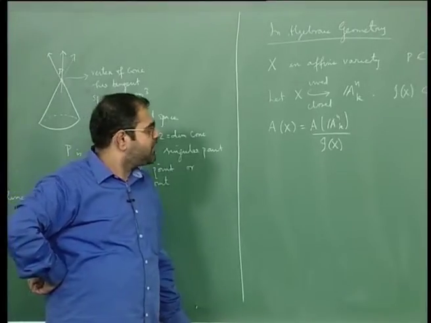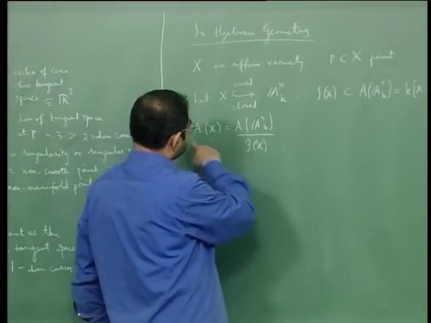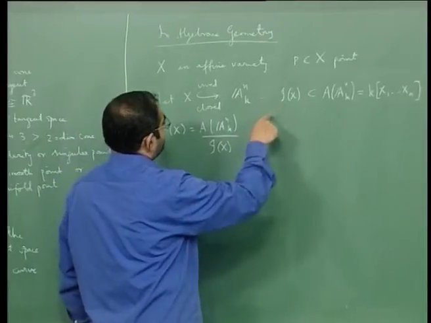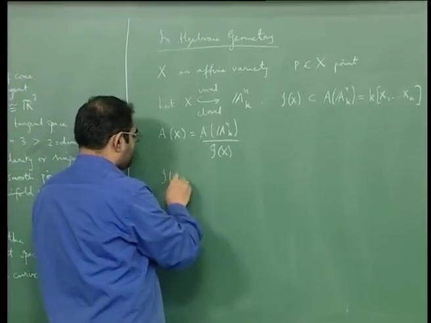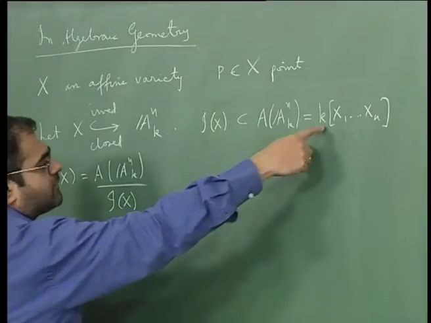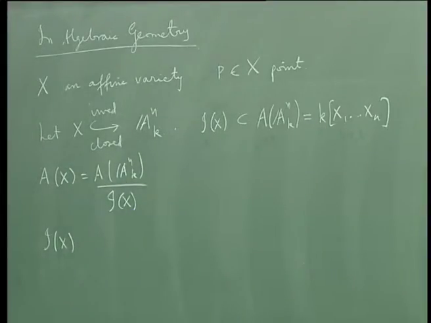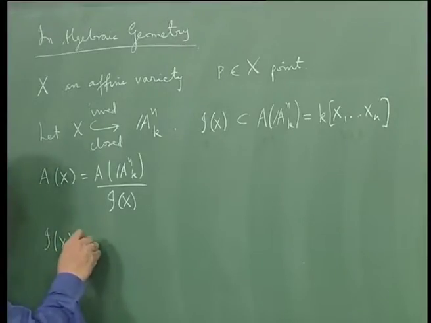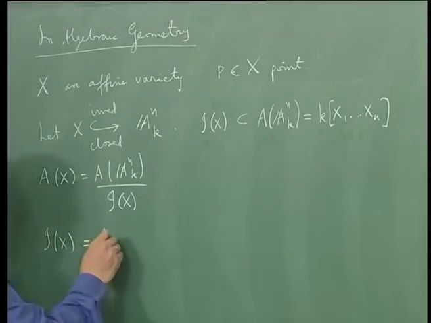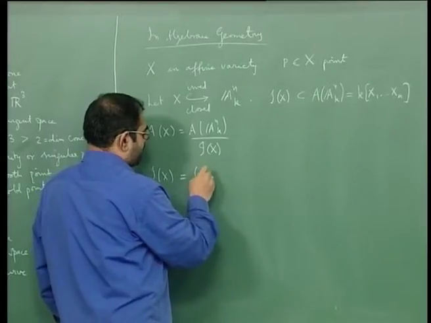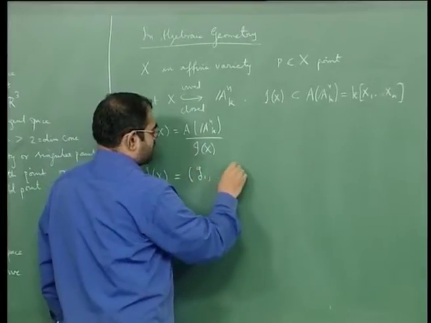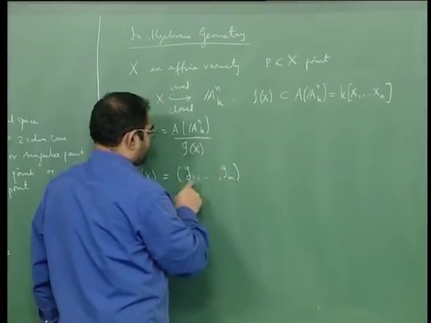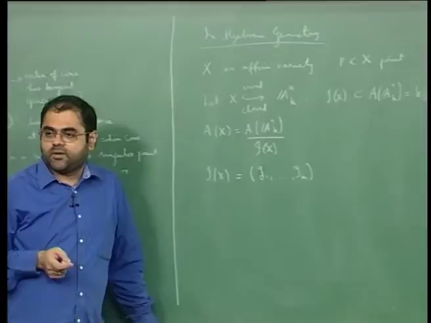But more importantly, the point is about this ideal. The ideal of X is an ideal in this polynomial ring, which is a Noetherian ring, so it is finitely generated. Let us look at a set of generators: G1, etc., up to Gm, so the ideal is generated by finitely many polynomials.